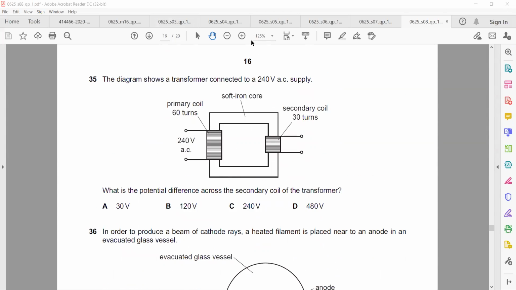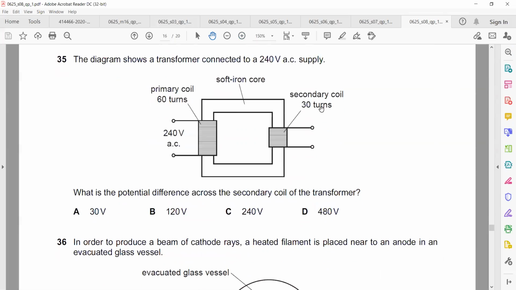Question 35. A diagram shows a transformer connected to, so this is VP, NP, VS, and we need NS. It's a step down, so these two cannot be the answer.